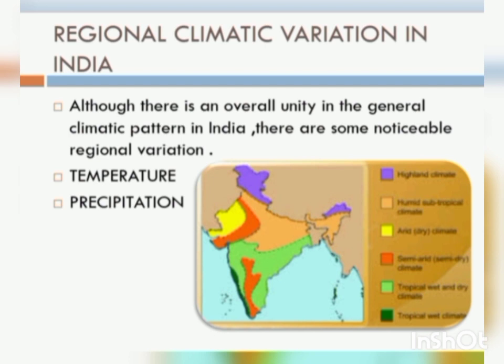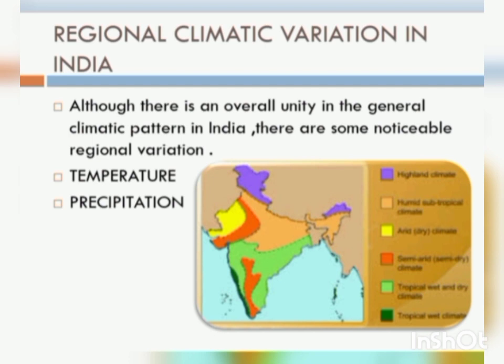First, let's see temperature. In India, there is much variation in temperature in different parts of the country, even in the same season. For example, on a summer day, the temperature in the Rajasthan desert may be 50 degrees Celsius, but on the same day, it will be around 20 degrees Celsius in some parts of Jammu and Kashmir.